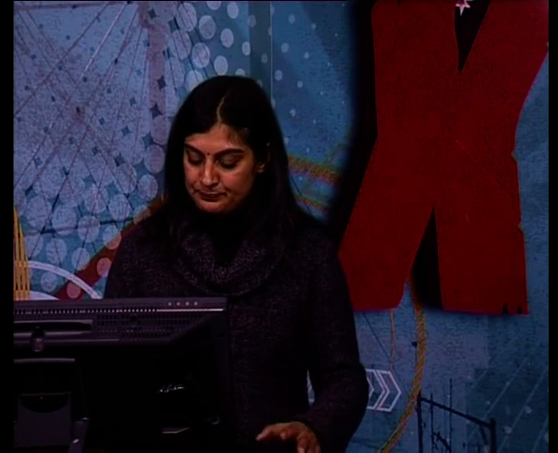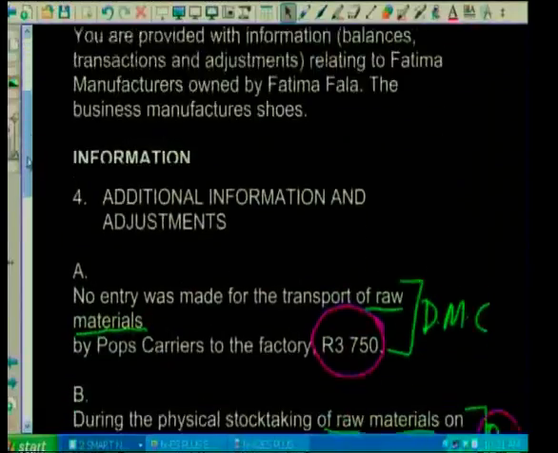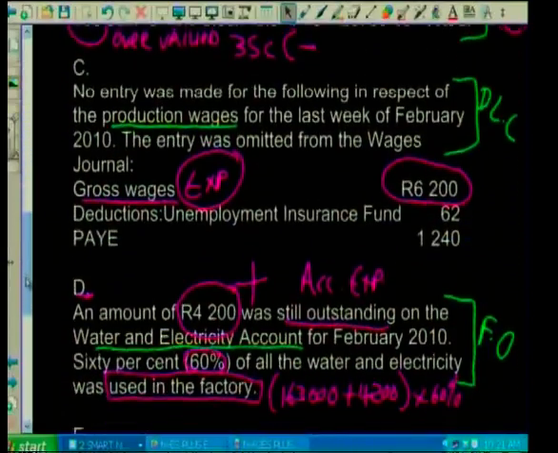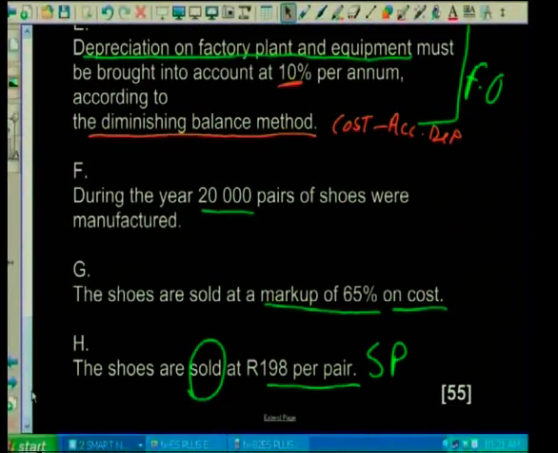Now let's go to the last bit of information that was given to us in the question that we haven't used thus far. So back to our question. The last bit of information, people, because we've used everything except for the following. Information F: during the year, 20,000 pairs of shoes were manufactured.